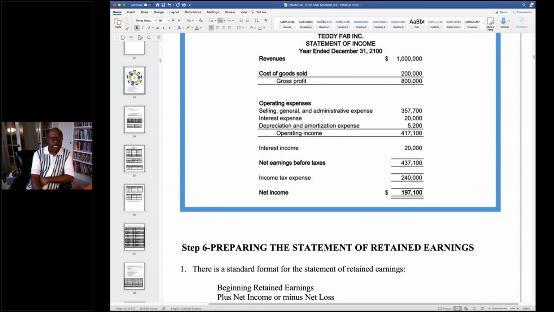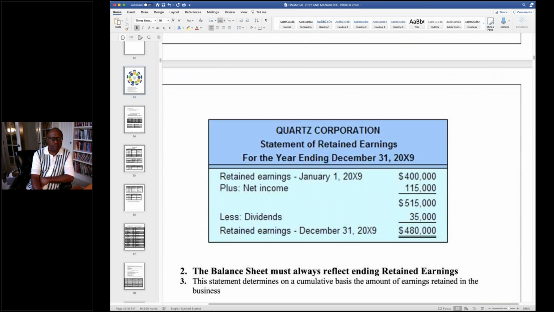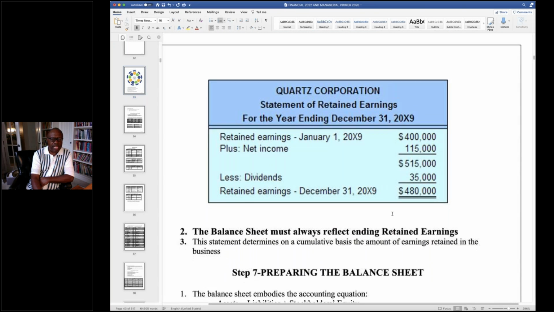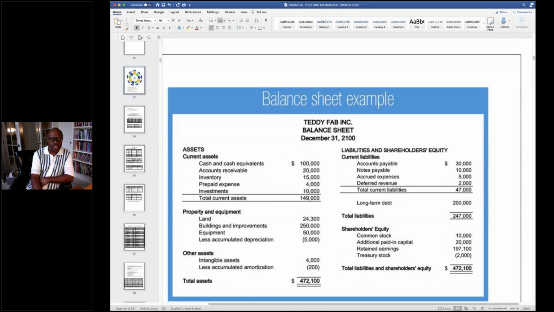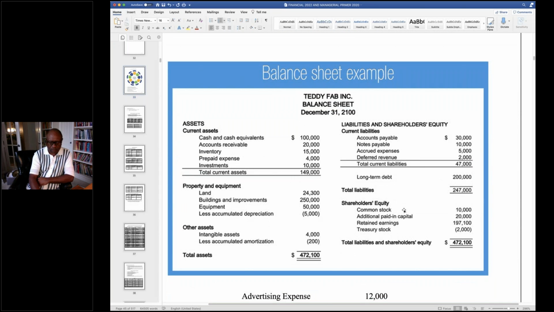An income statement in this format, a statement of retained earnings, and then a balance sheet in this format. Then as we move to midterm, this will be the first year, and you'll be given journal entries for a second year.